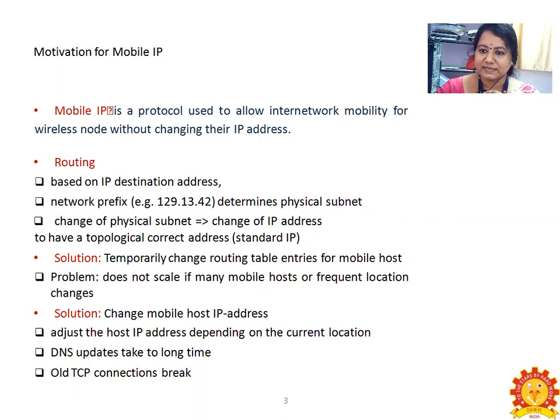A change of physical subnet means a change of IP address, to have a topologically correct address, that is a standard IP. One solution is a temporary change of routing table entries for the mobile host. The problem here is that it does not scale if there are many mobile hosts or frequent location changes.